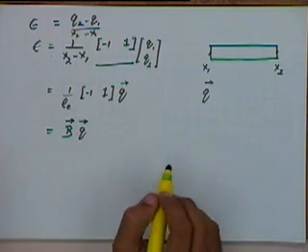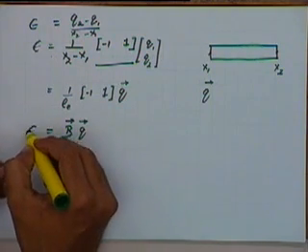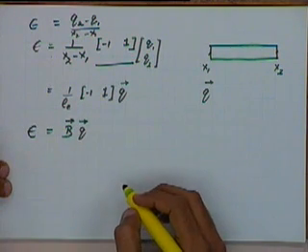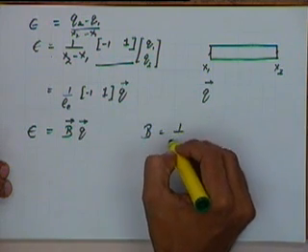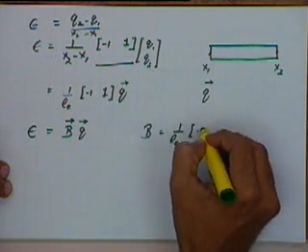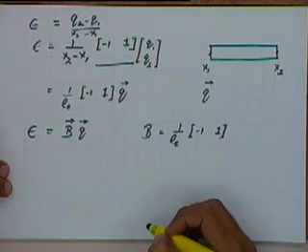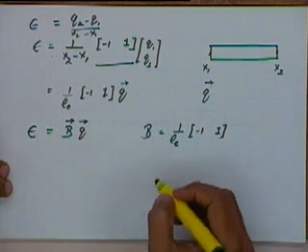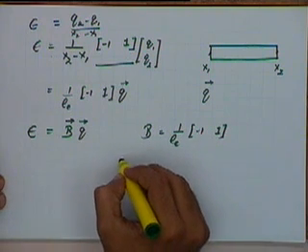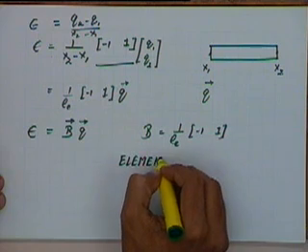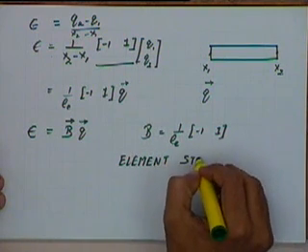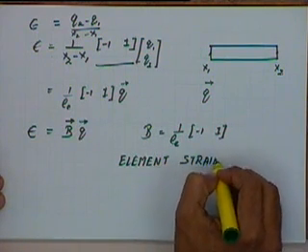So we get epsilon equal to B times q, where B is equal to 1 over LE multiplied by minus 1 1, and this B is referred to as the element strain displacement matrix.